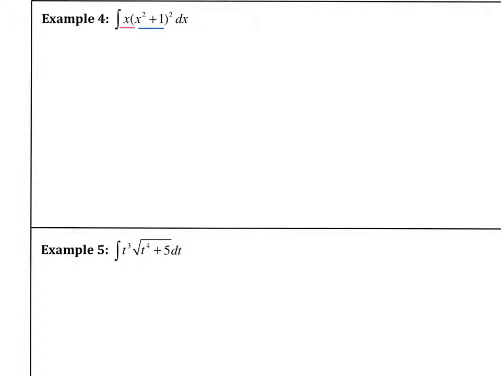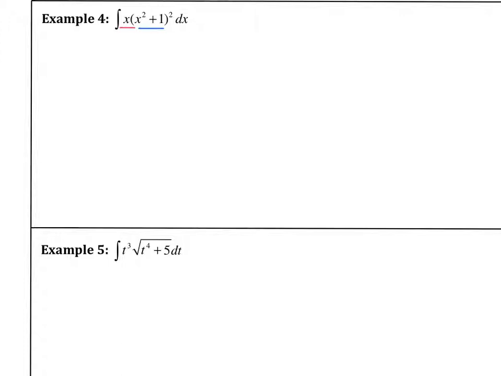The important thing is that the x hanging out in front is of the right order to be the derivative. If we differentiate a squared term, we should get a linear term. That's what we care about: that the derivative of x squared plus 1 is going to be something times x. So we're still in business.